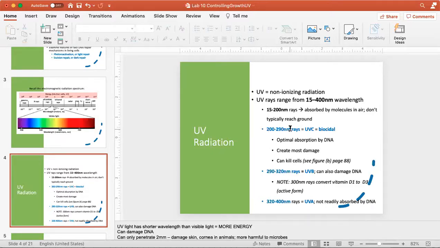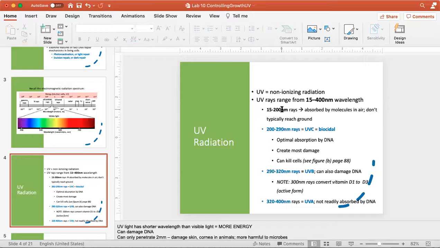Now you might say, well, what about 15 up to 200? What about the lower end of the spectrum there? Well, it turns out that ultraviolet radiation that has the very lowest wavelength, the very shortest wavelength, the 15 to 200 rays, they don't even come down and interact with us on the Earth. They typically get absorbed by molecules that are in the air.